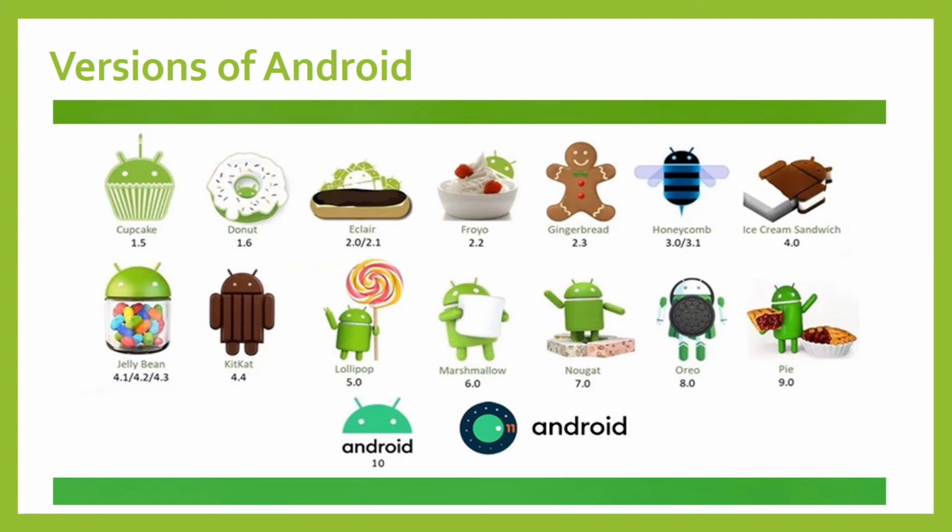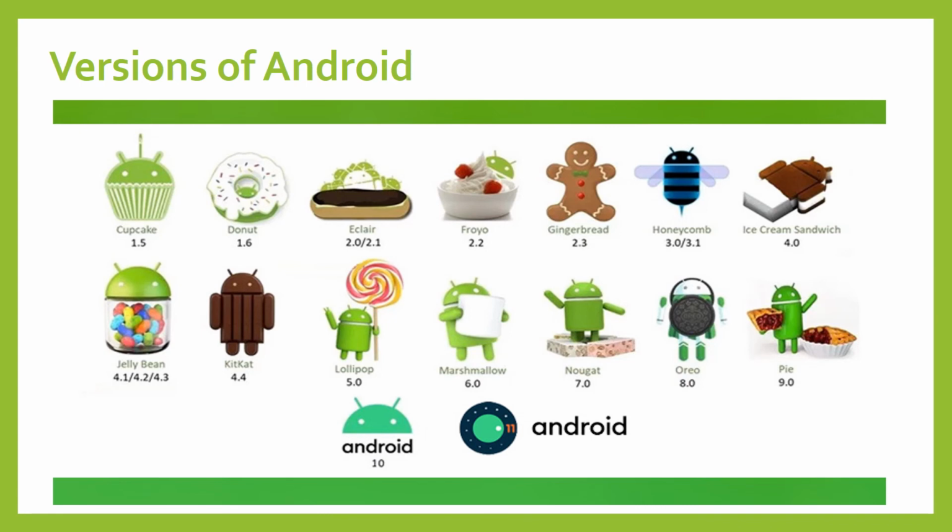Then Android 1.6, Donut, Android 2.0 and 2.1 as Eclair, Android 2.2 as Froyo, 2.3 is Gingerbread, 3.0 and 3.1 is Honeycomb, Android 4.0 as Ice Cream Sandwich, and Android 4.1, 4.2 and 4.3 were called Jelly Bean.